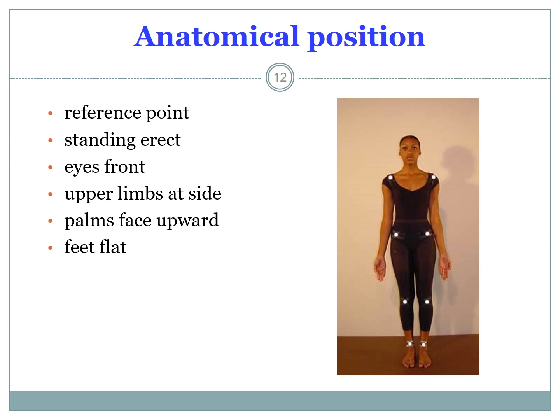So even if your upper arms are above your head or your palms are facing backwards, when referencing structures or organs or relationships to each other, you always revert back to anatomical position.